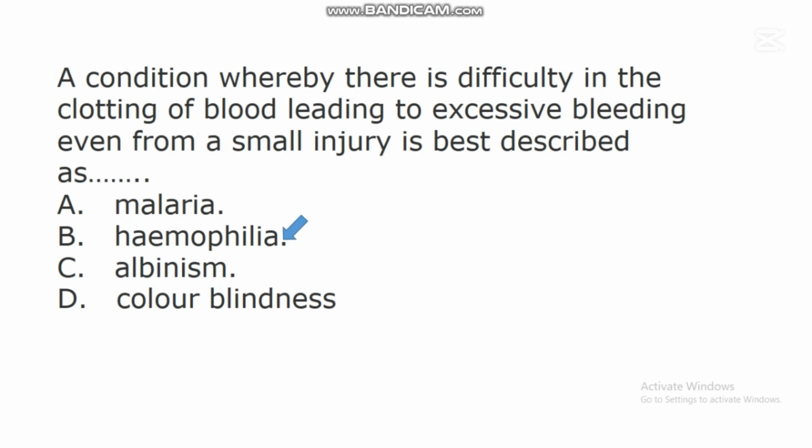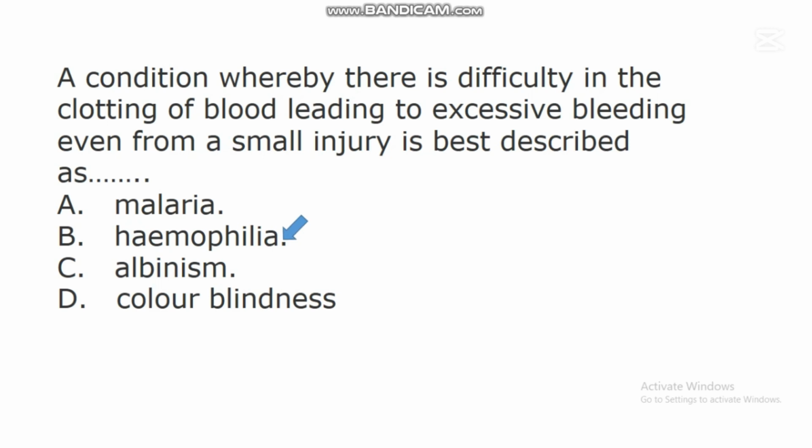Hemophilia is a condition whereby there is a great difficulty in the clotting of blood, leading to excessive bleeding even from a small injury. So when someone is suffering from this hemophilia, there will be a serious problem in clotting of blood, and once there is any little injury, that individual will lose blood so much as if the individual sustained a great injury.